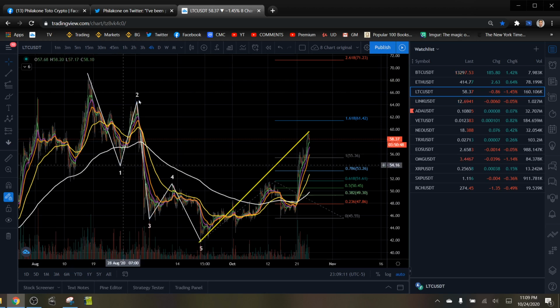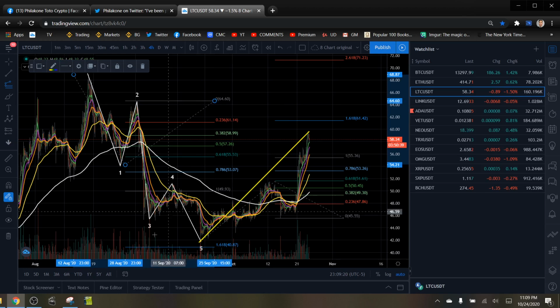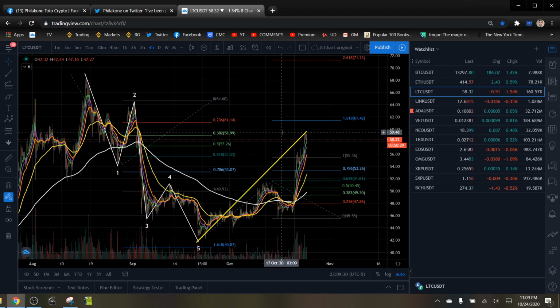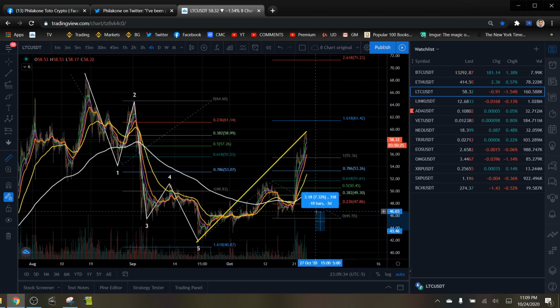So this extension from 1 to 2 did the exact same extension for 3. Kind of interesting. So wave 3 did between 1.618 and 1. So right in the middle. Right there. And then you take a look here. This kind of does the exact same thing on this extension as well.